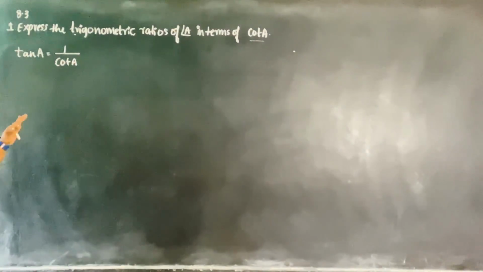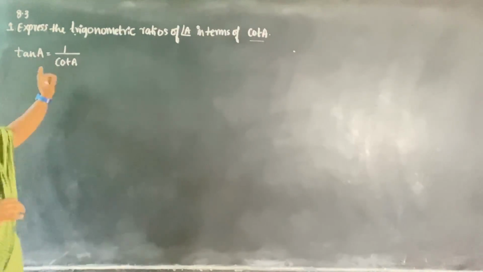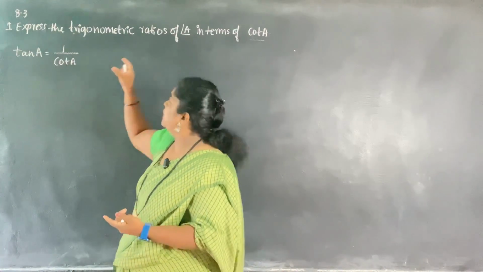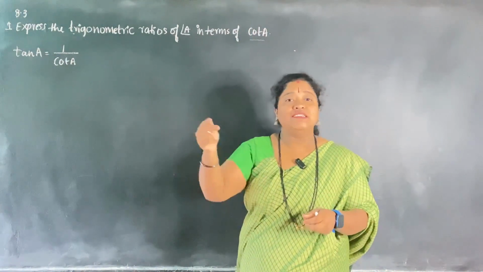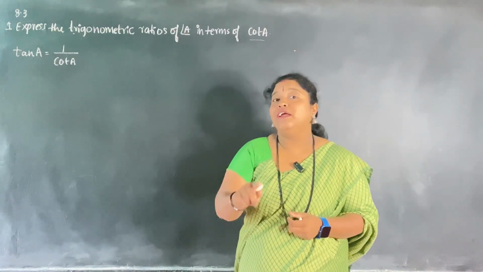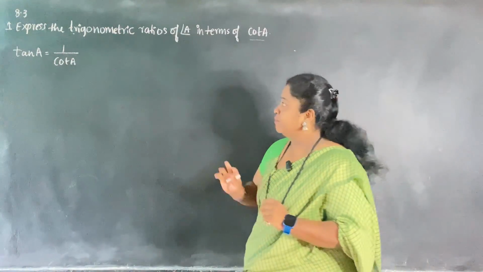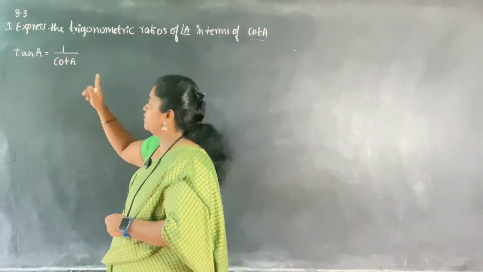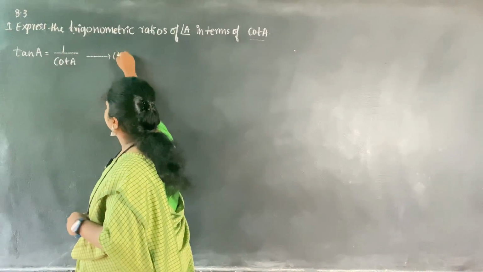Means now we have expressed tan in terms of cot. Understanding? Any trigonometric ratio they give here, they have two direct links. One is the inversely related one, and another one is with respect to a trigonometric identity. Two values you are going to get directly. Now I got tan A is equal to 1 by cot A, that I have expressed tan A in terms of cot A. Okay, let it be the first one.